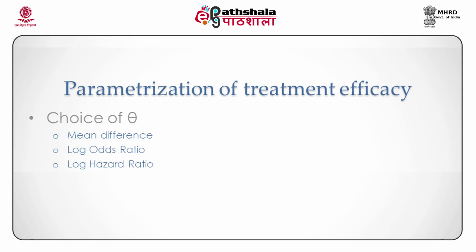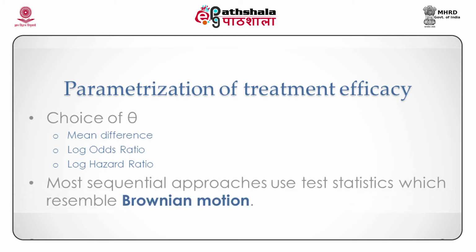Having chosen theta, most approaches to sequential designs use test statistics which, when plotted over time, will resemble Brownian motion. We shall discuss this more on subsequent slides and see how the need arises and why the requirement is generally fulfilled by most statistics.